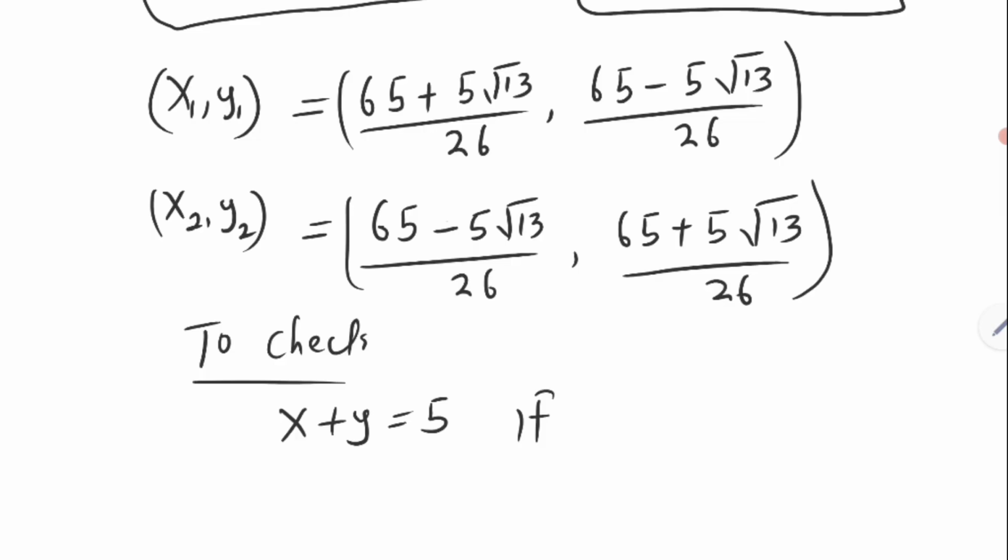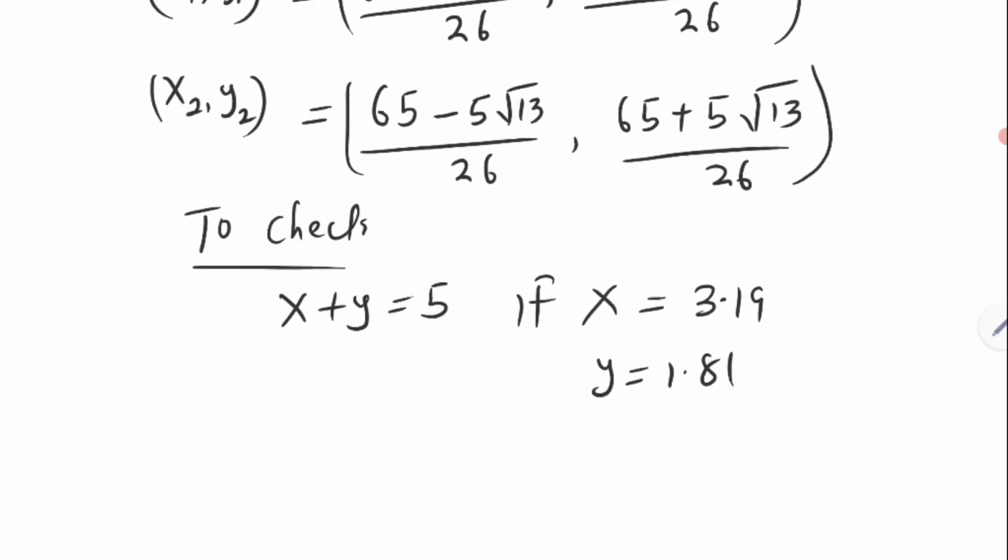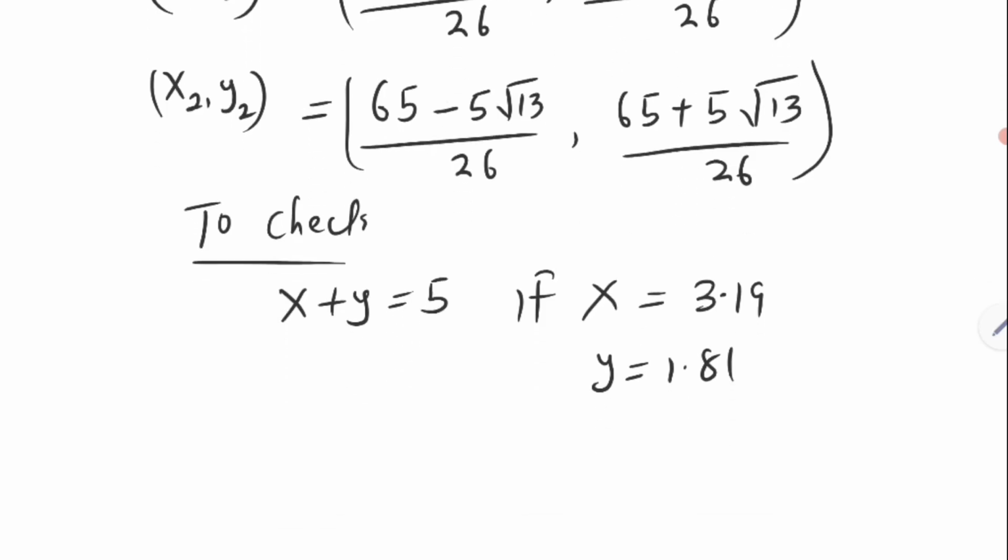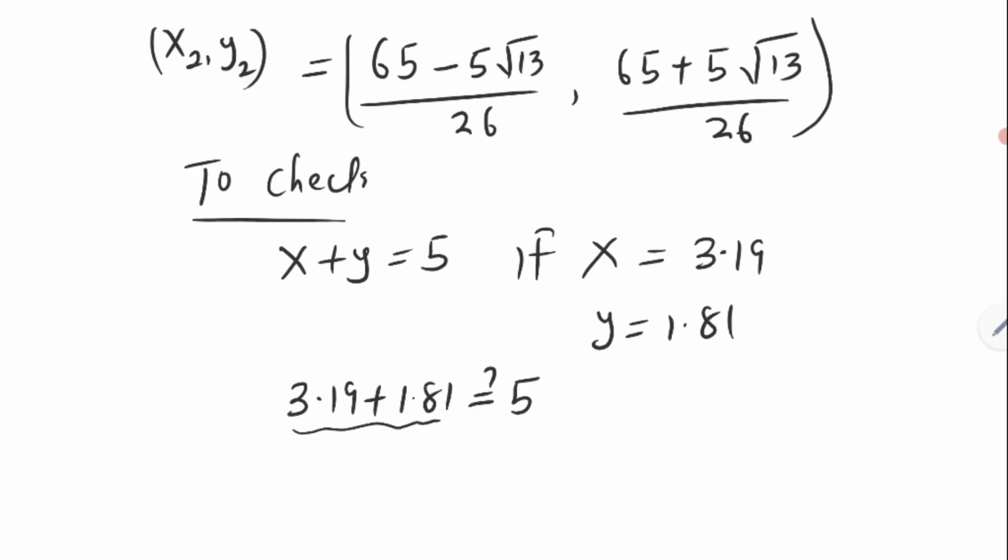Now, if x is equal to 3.19 and y is equal to 1.81, then we have 3.19 plus 1.81 must be equal to 5. Then if you add these two together, 5 is equal to 5, which is true.